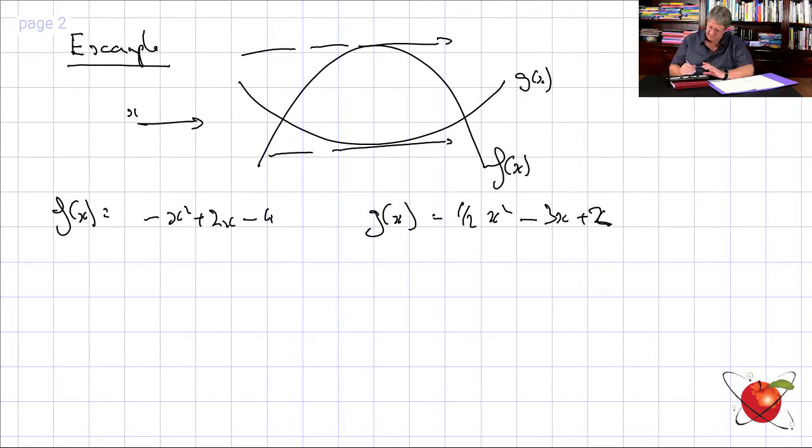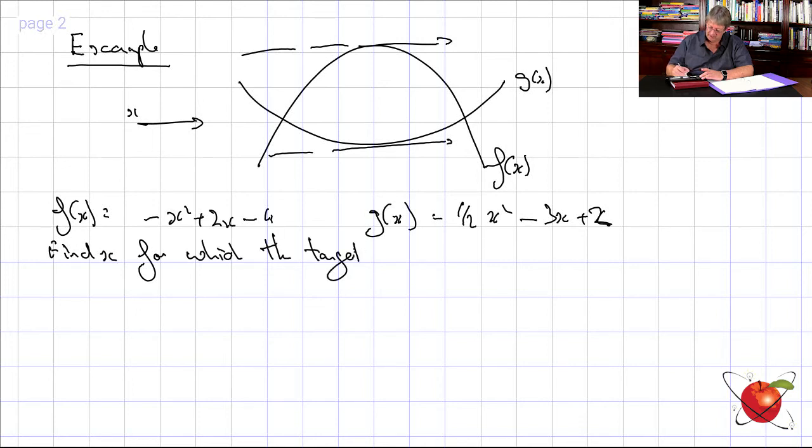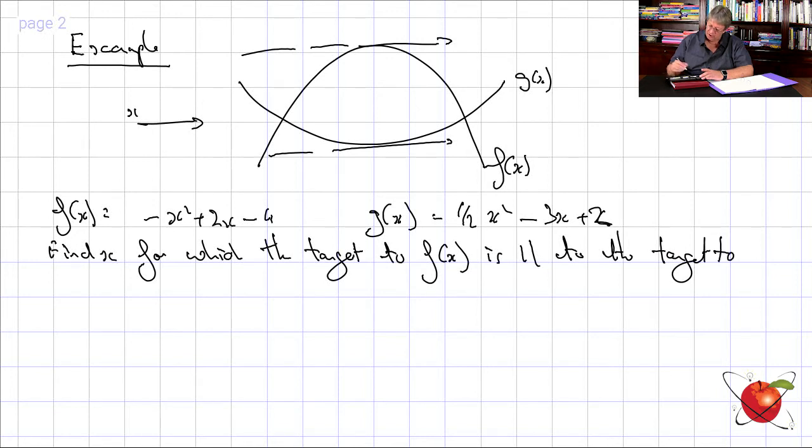Then they've said find x for which the tangent to f of x is parallel to the tangent to g of x.